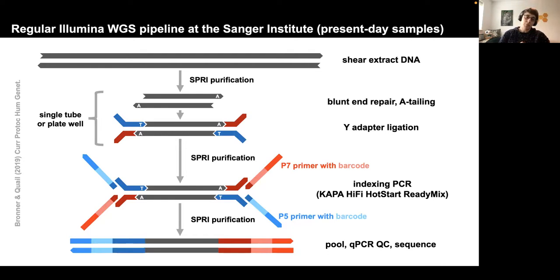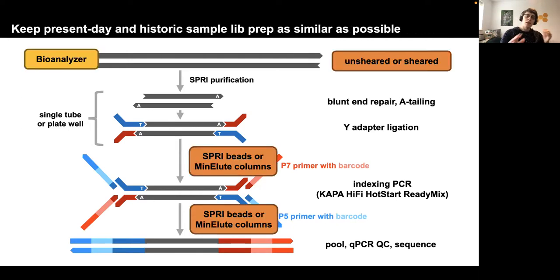So this has been published by Bronner and Quail a few years back. And so we just took this and decided, okay, how can we further optimize this for our old samples? Because this works for present day samples that are about 100 to 200 nanograms. So first of all, like I said, we ran all of the samples on the bioanalyzer to see what the lengths of the fragments inside the extracts were.